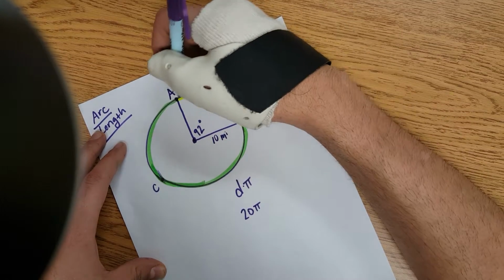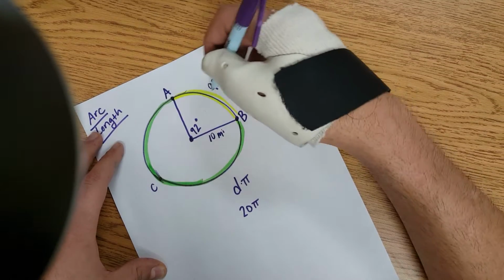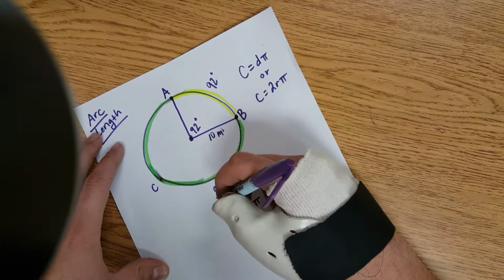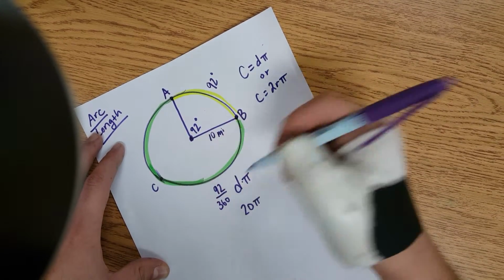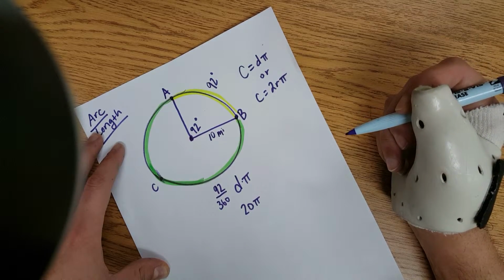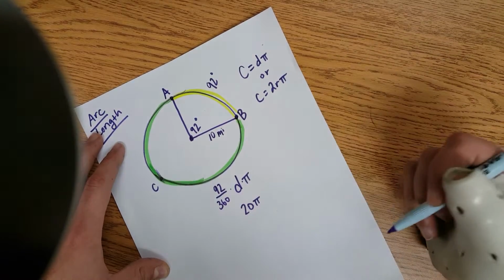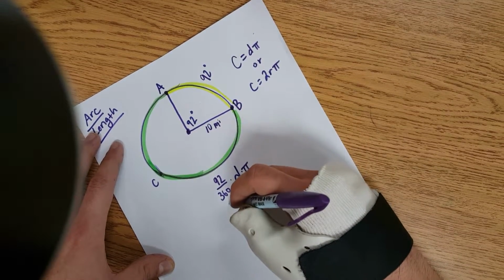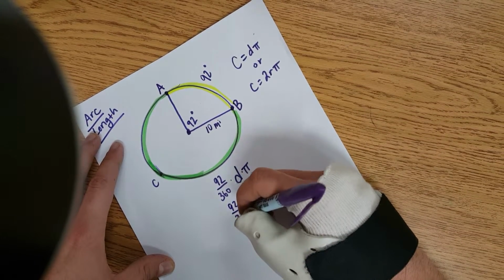I'm only looking for this piece, which is 92 degrees out of the whole 360 degrees. So whatever angle you're trying to find, I'll copy that down over here. That's 92 out of 360.